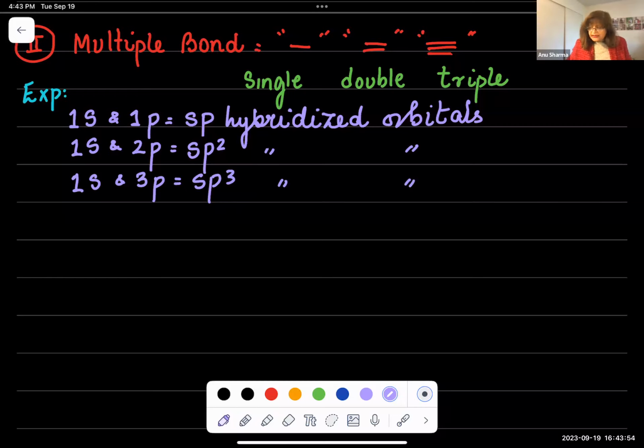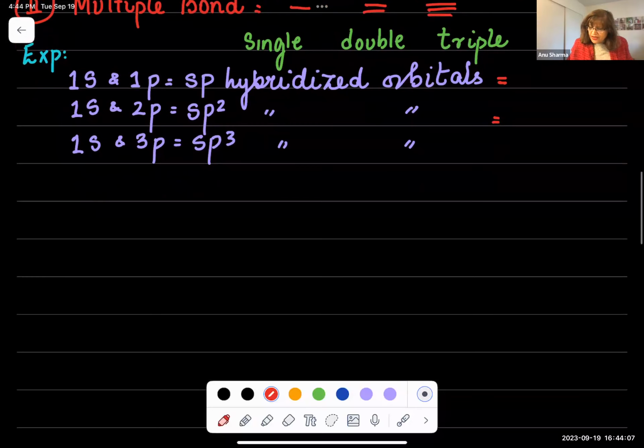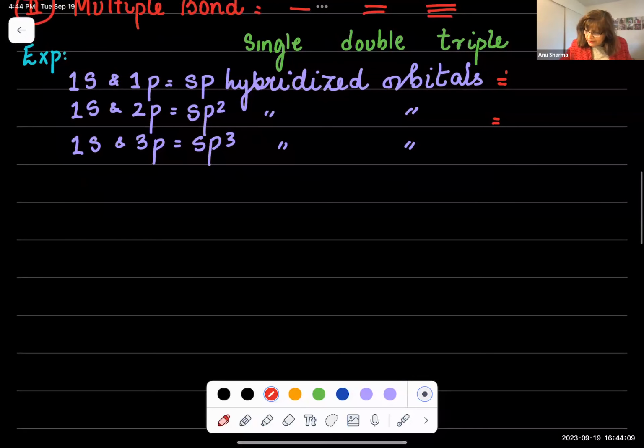Okay, now sp and sp2, that can create double and triple bonds, right? So it depends upon the structure of the molecule. So in that case, we will have the double and triple bond, so multiple bonds.